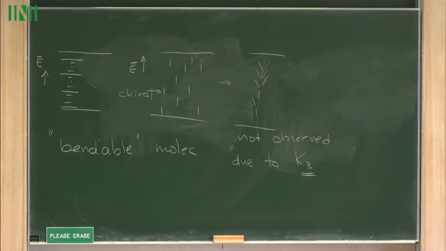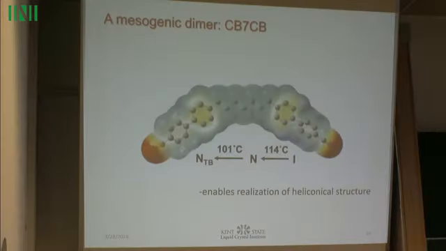So K3 basically is the cost of changing the director if you move in the direction of the director. And if you could make molecules that would bend easily, presumably that would reduce K3. And so this takes us to the dimer, a molecule that basically consists of the typical nematic molecule 7CB.